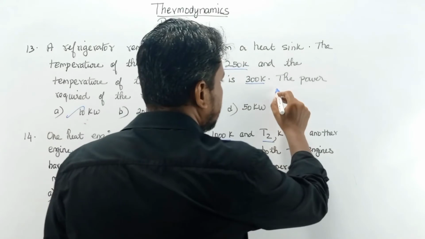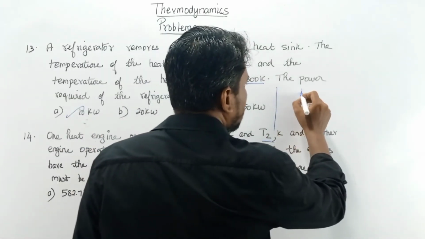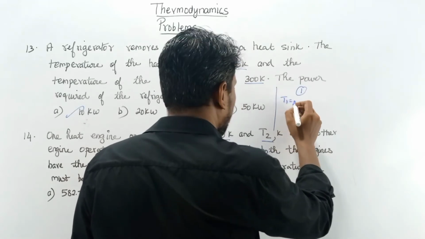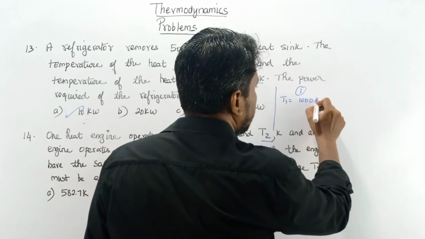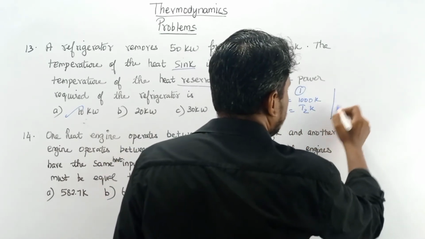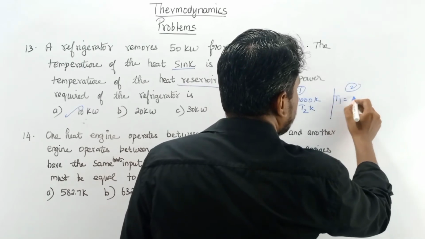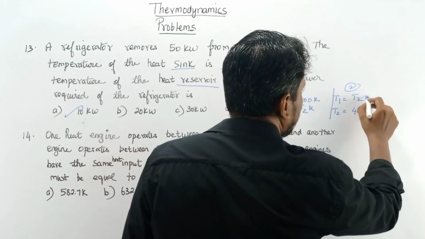If they have the same efficiency, what will be the value of temperature T2? In the first condition, T1 is given as 1000 Kelvin and T2 is T2 Kelvin. In the second case, T1 is T2 and T2 is 400 Kelvin.